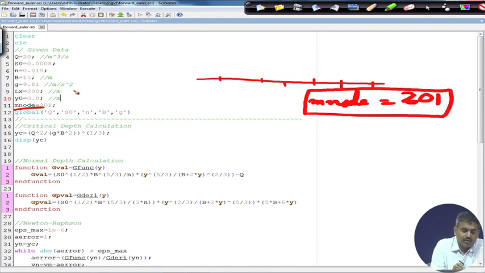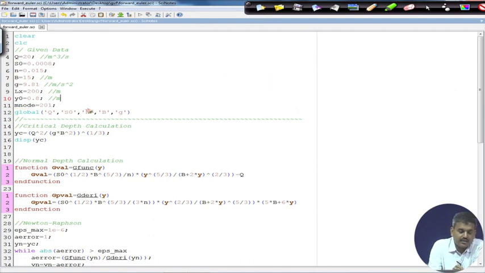We have 200 meter length and 201 nodes are present, and we are considering that Q, S naught, n, B and g are global variables. That means, if we write multiple functions, we can directly utilize the constant given data for this case.